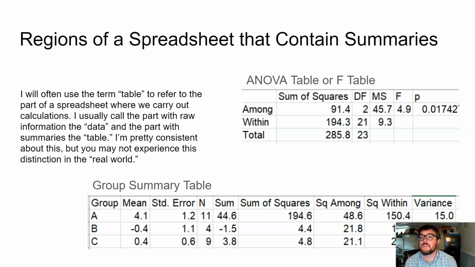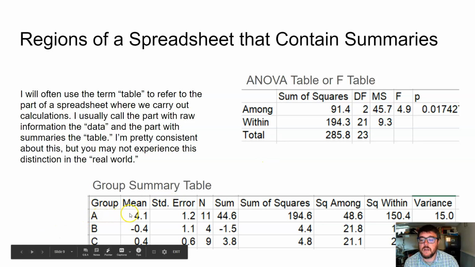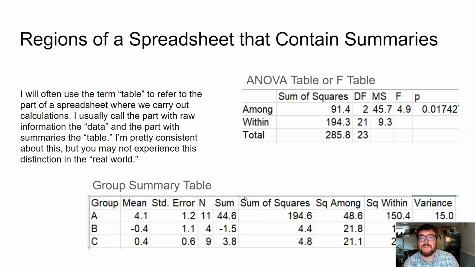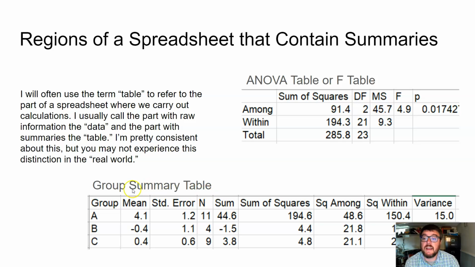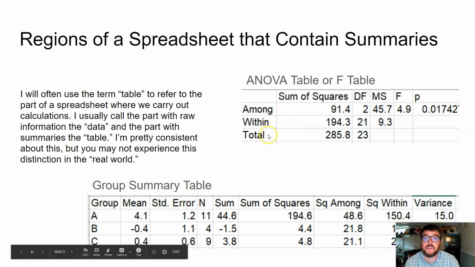We might have a situation where every row of the table corresponds to a group, and every column corresponds to a different summary statistic, so we can quickly summarize the summaries even. So I would usually call these things tables, and they're not inserted with any kind of menu or anything like that. We're just organizing ourselves when we put them together.